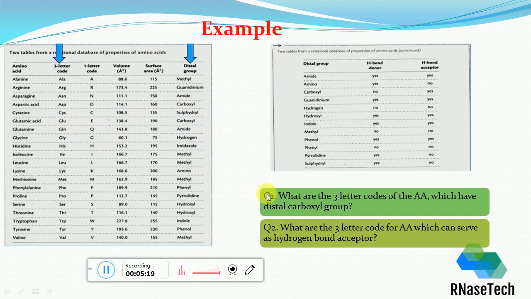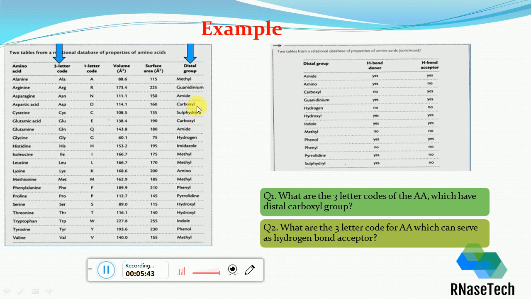But what if the user searches for an amino acid which can serve as a hydrogen bond acceptor as well as have a distal carboxyl group? So the distal group here becomes a key to join the two tables.